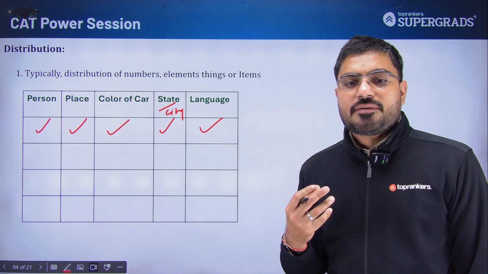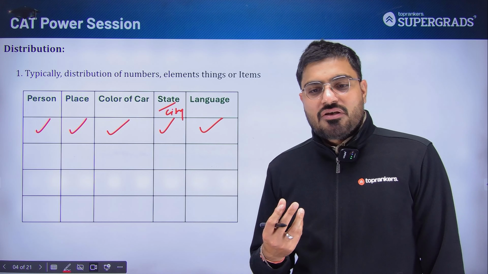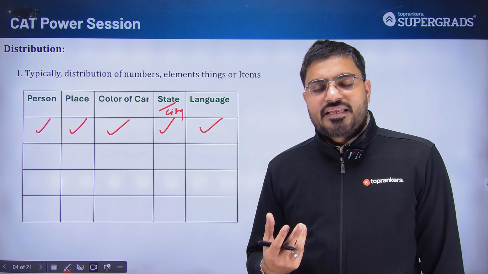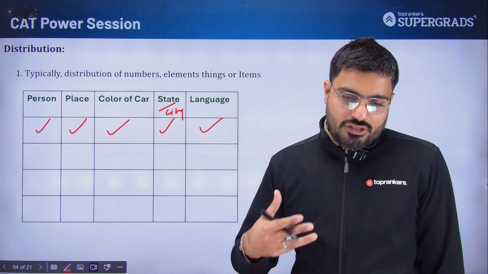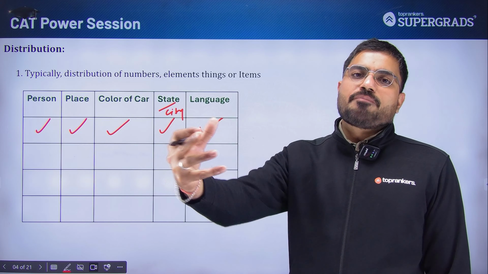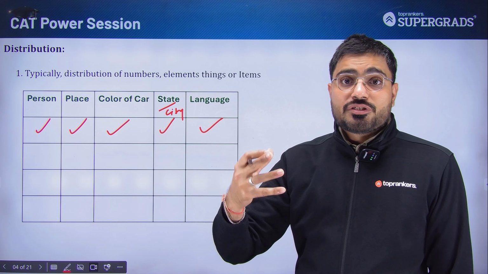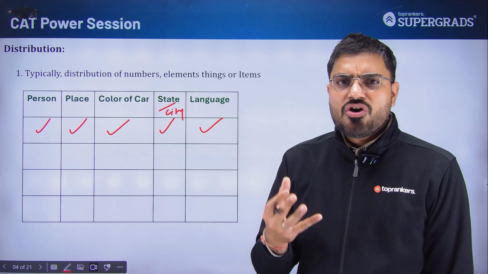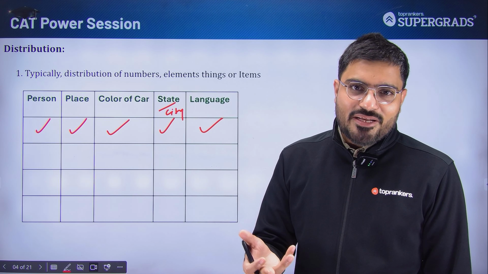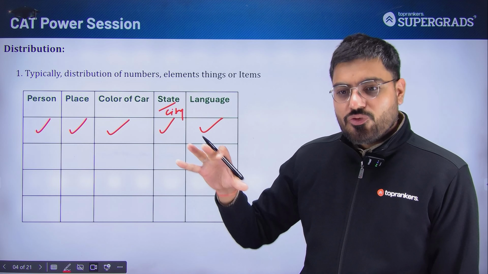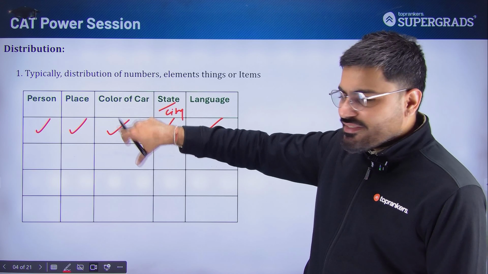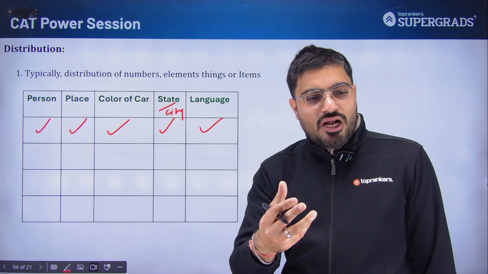You have to associate a person with the place, with the color, with the state, and with the language. So this is a typical distribution puzzle where multiple attributes are associated with a person or with a thing or with an element. I hope you got it. So you have to distribute things in these cells. That is why it is called distribution.